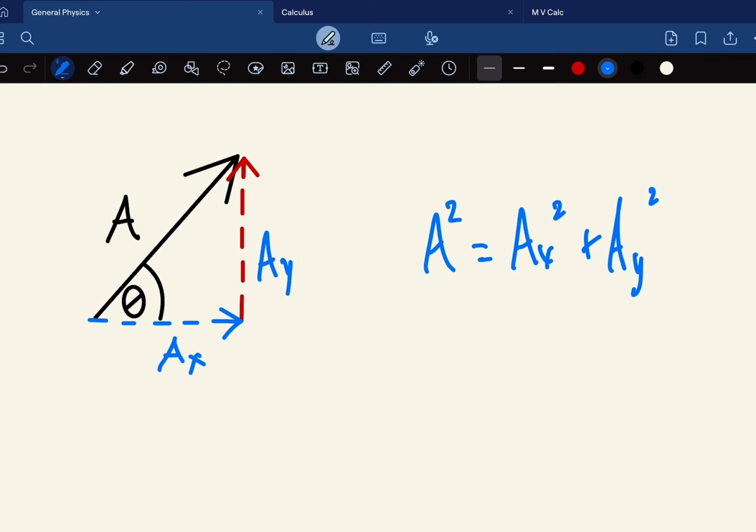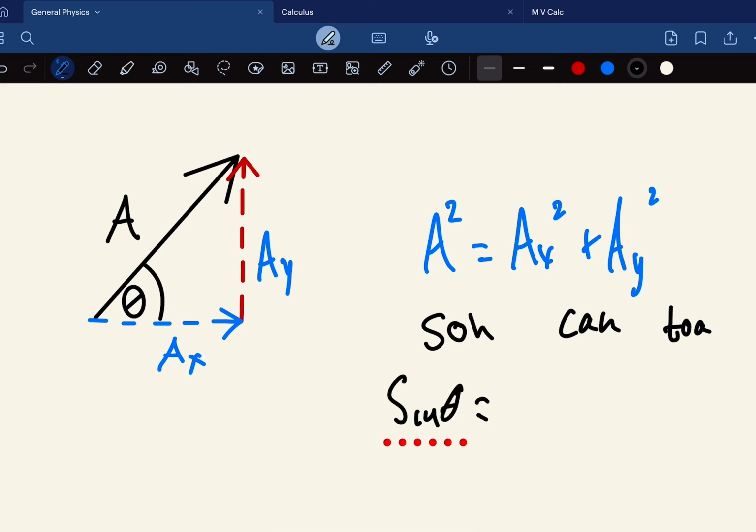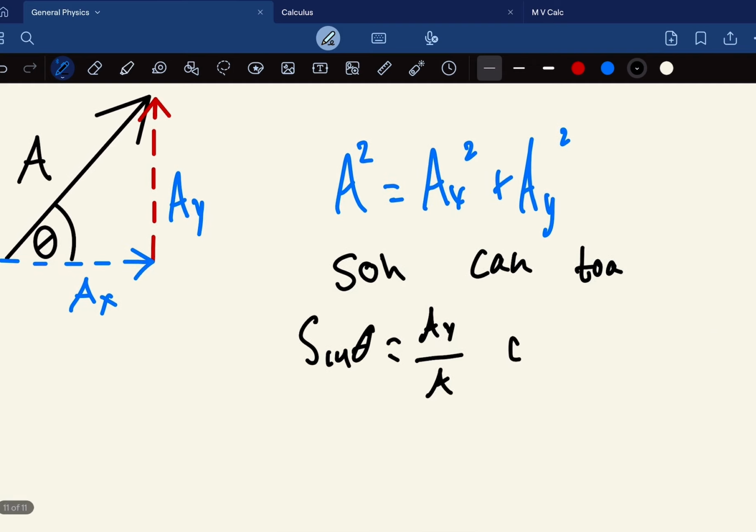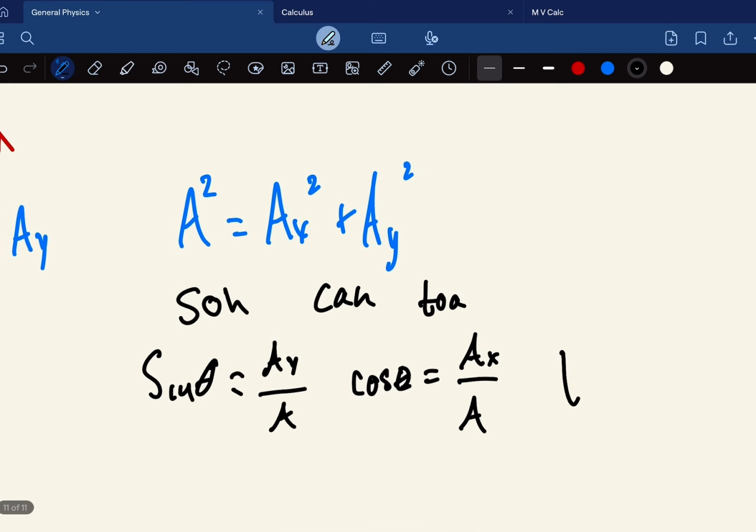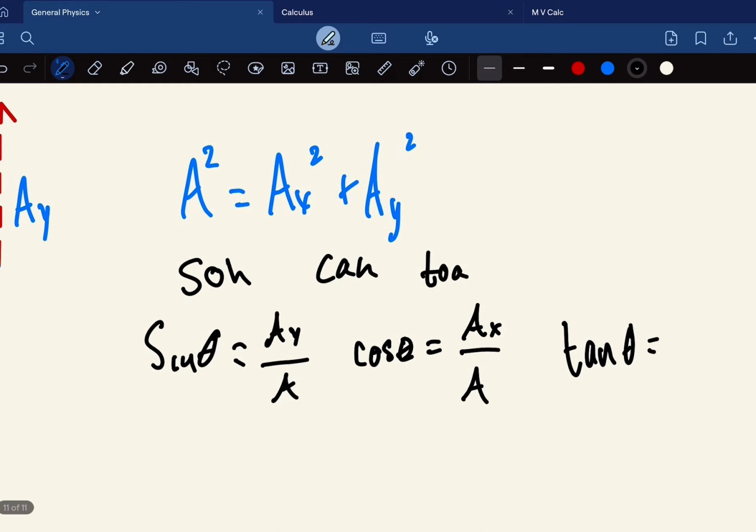And we can also remember our acronym SOHCAHTOA, which relates each of these sides of a triangle such that the sine of the angle is equal to the ratio of the opposite, which is ay over a, and the cosine of the angle is equal to ax over a. And TOA tells us that the tangent of the angle is equal to ay over ax.